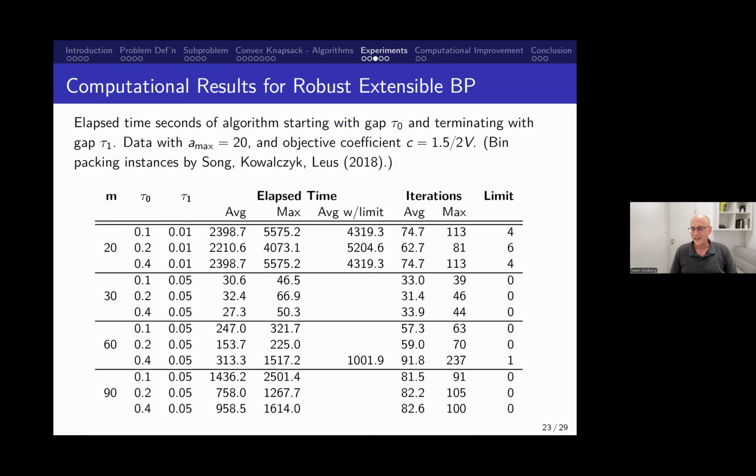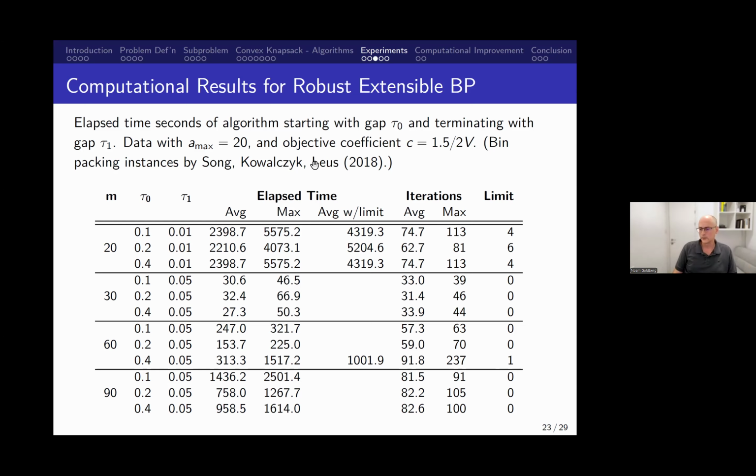Okay. And now we go back to our original master problem that we want to solve, and we solve an extensible bin packing problem using benchmark data from this paper by Song, Kwolczyk, and Luz.